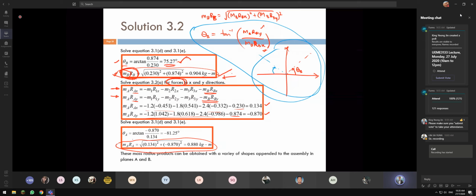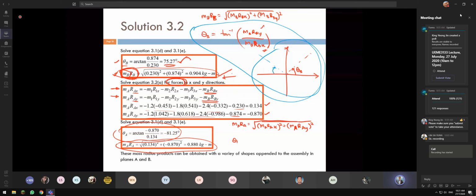Now again, this will be the same. If we solve this, MARA is the square root of MARAX squared plus MARAY squared.